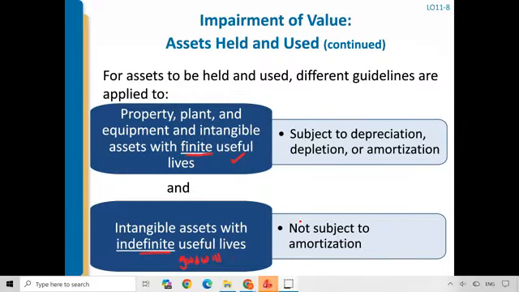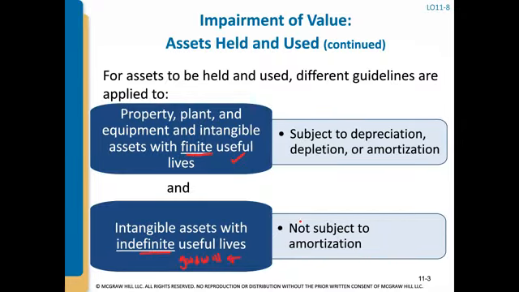Goodwill is only recorded when there's an acquisition that occurs. Goodwill is when a company pays a price beyond the fair market value of the net assets that it has acquired.